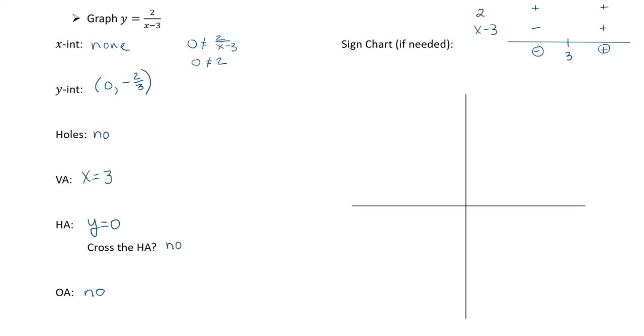So let's go ahead and graph the certain features we have. No x-intercepts, a y-intercept of (0, -2/3). We have no holes. We have a vertical asymptote of x equals 3.